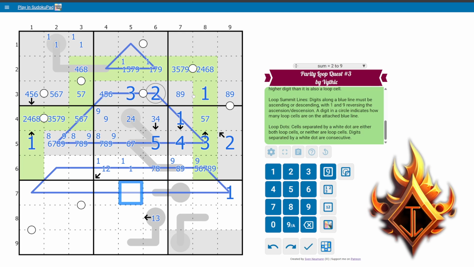So we can't hit a 9 until at least here. So these will be 2, 4, 5, 6, 7, which is a lot. 3, 5, 6, 7, 8, 4, 6, 7, 8, 9. Then we could start going down, but then that is a lot. Okay, so we can't have a 2 there.